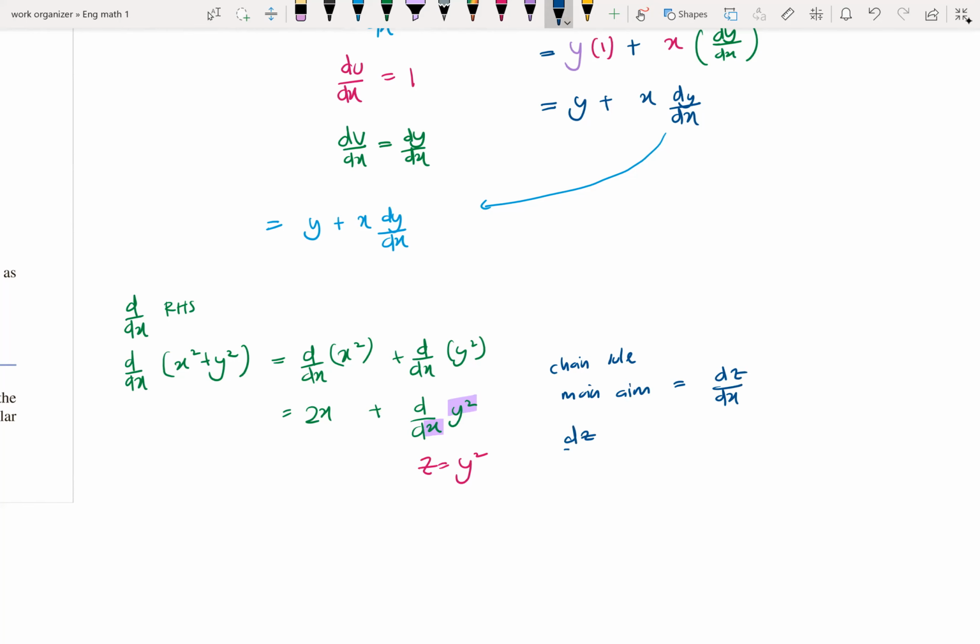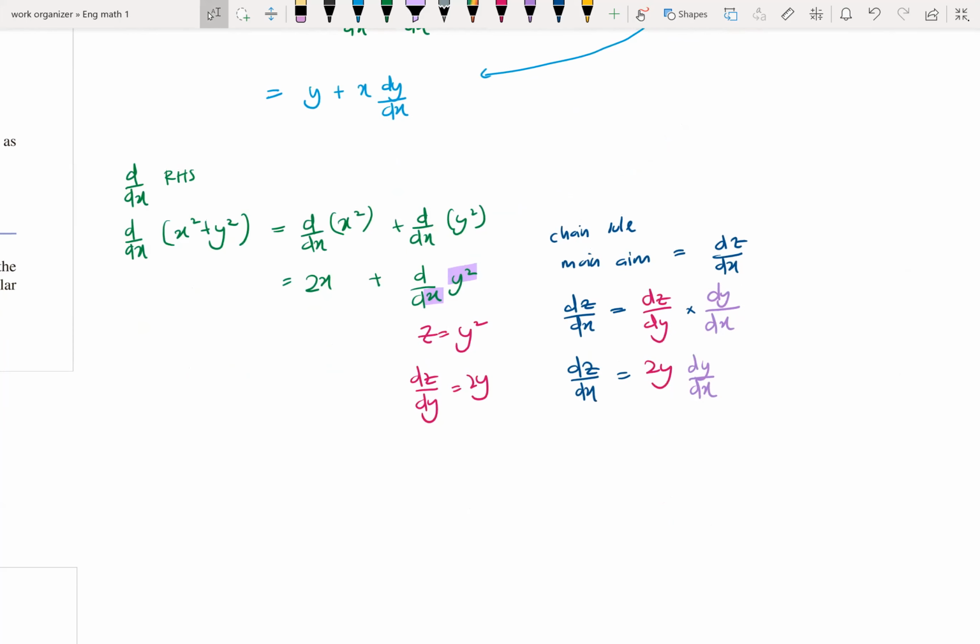So dz dx will be equal to dz over dy multiplied by dy over dx, where we eliminate y. dz dy is 2y, so dz over dx is equal to 2y dy dx.